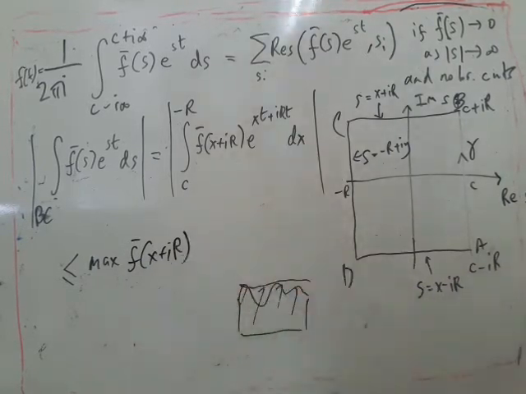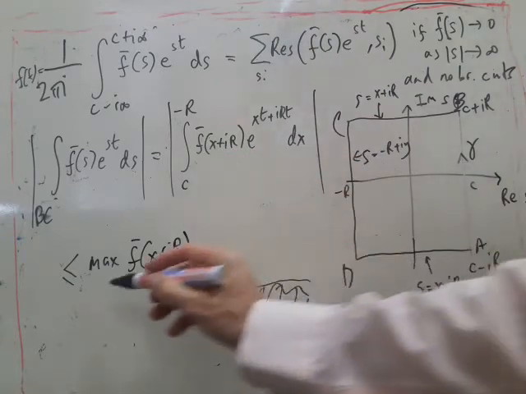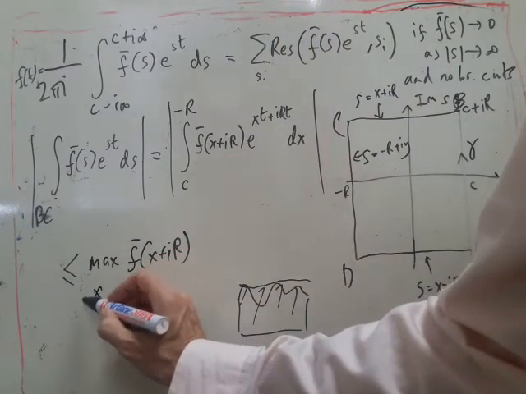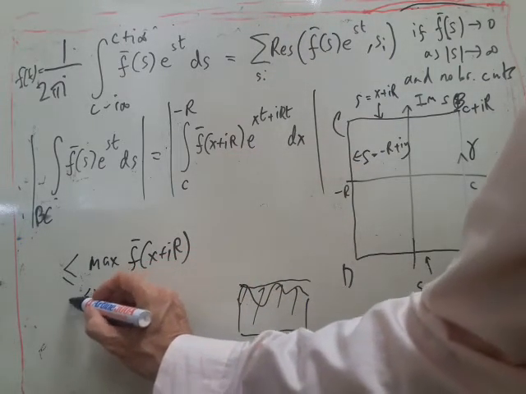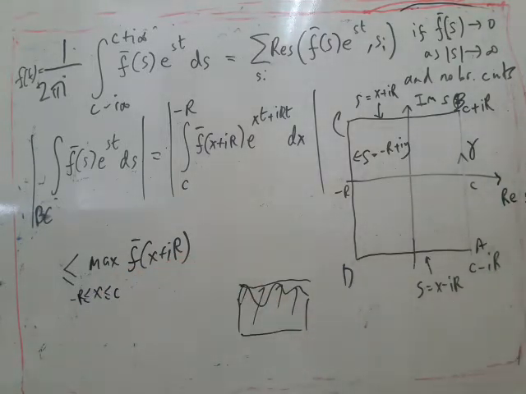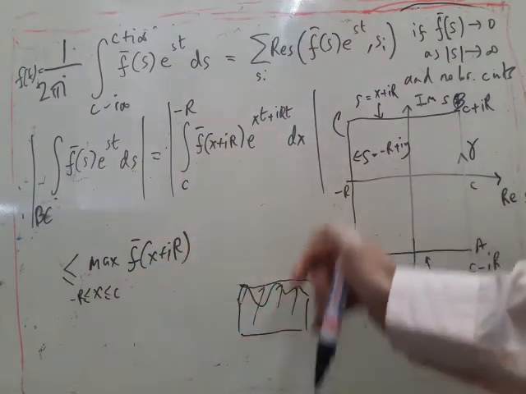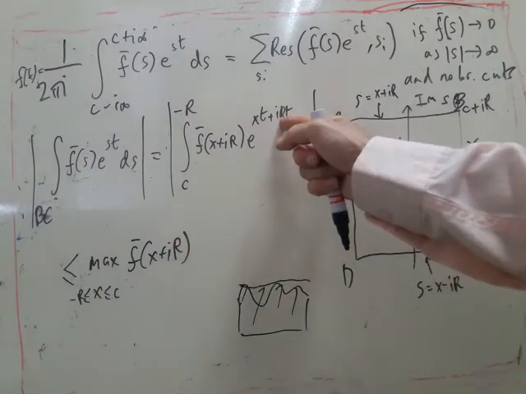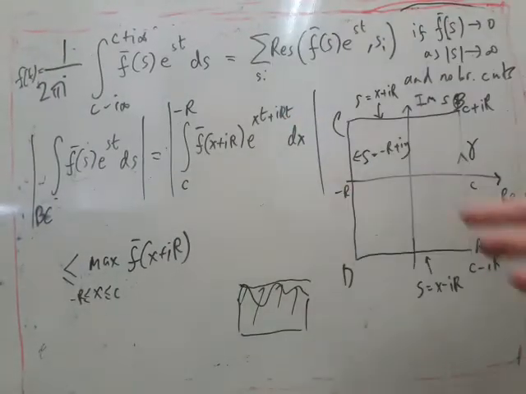just some constant. It's a maximum value for x between minus r and c, and I take the maximum value outside the integral. That leaves me, I'm not interested in the e^(iyt) because that's just magnitude 1.